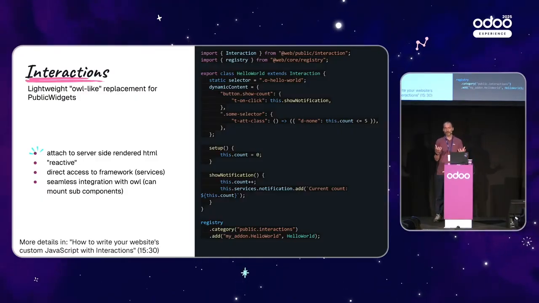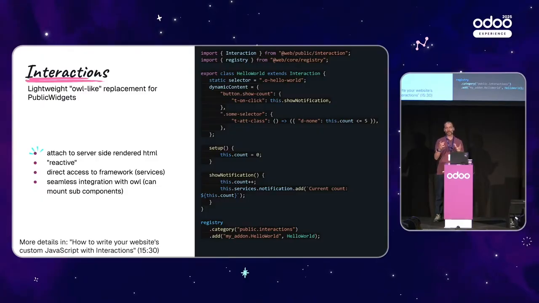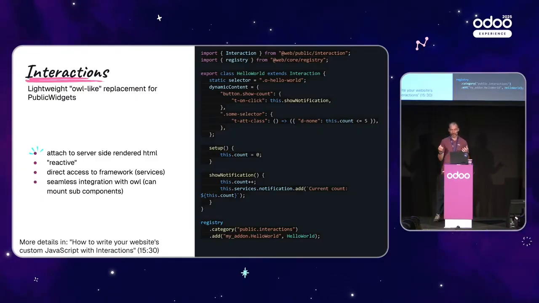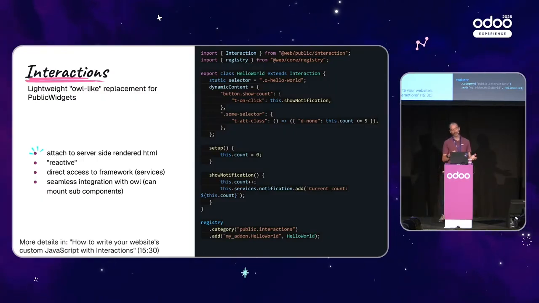The need was that we were still using public widgets, and it felt like we had two different frameworks, and that leaves a bad taste in the mouth when people see the code base from the website and then from the web client, and those are different ideas, different concepts. It's difficult to move developers from one team to another. It's complicated. It doesn't work like we want it to. So it was time for a change.